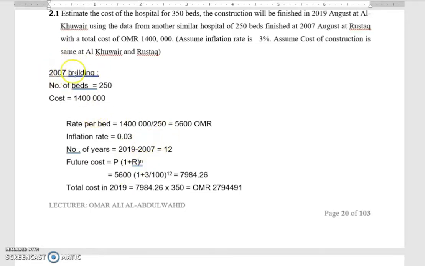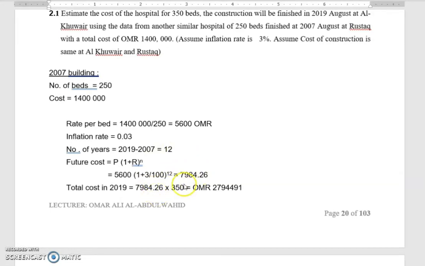In 2007, the cost of a bed was 5,600. Now we want to change this to the cost in 2019, so we take 1 plus 3%, the inflation rate, to the power of 12, the difference of years, and we will have this number.